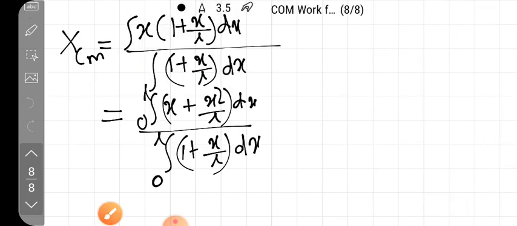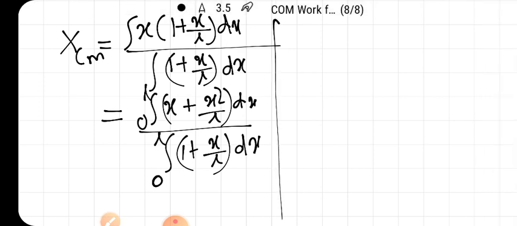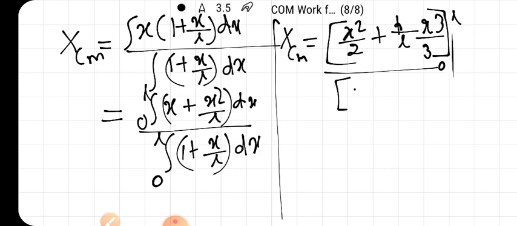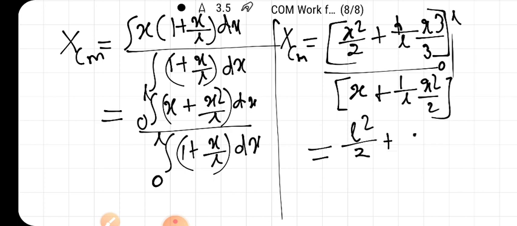Once we integrate, the numerator gives x square by 2 plus 1 by L into x cube by 3, from 0 to L, and the denominator gives x plus 1 by L into x square by 2, from 0 to L. After substituting the limits, the numerator is L square by 2 plus L square by 3, and the denominator is L plus L by 2.